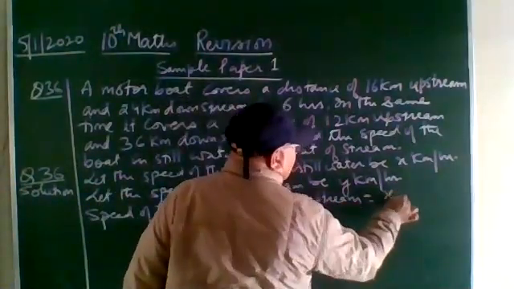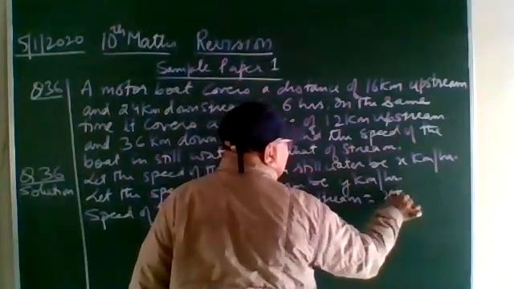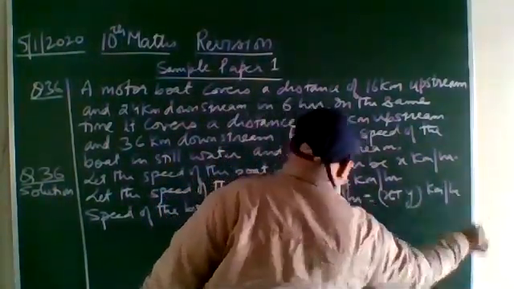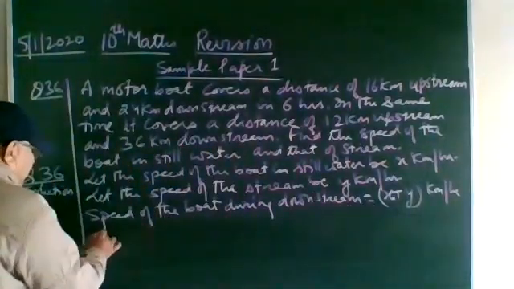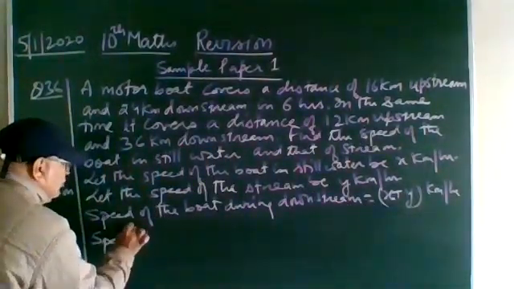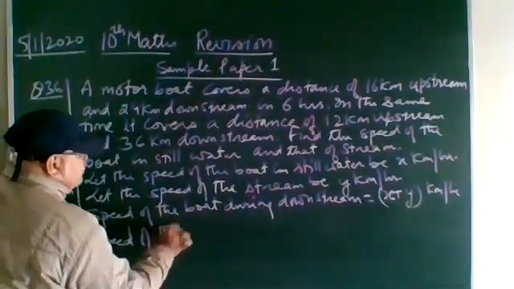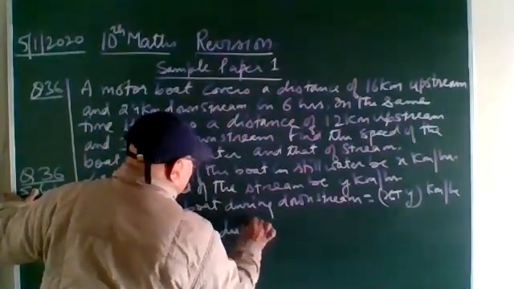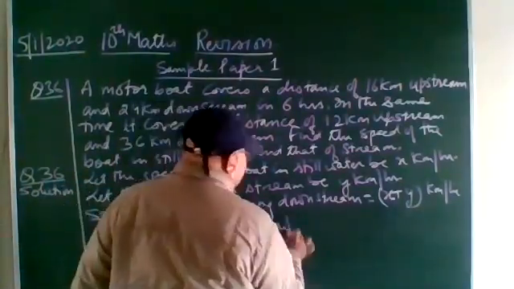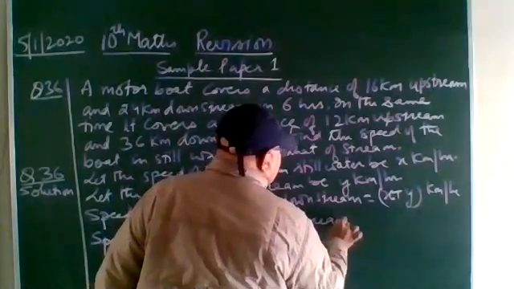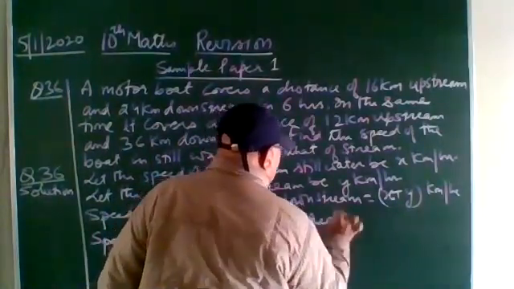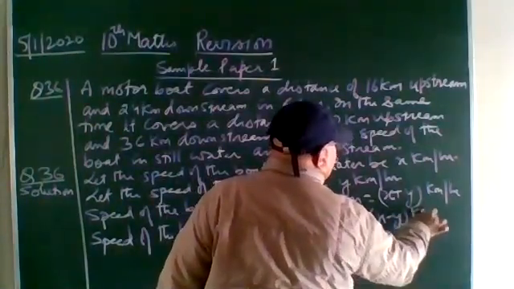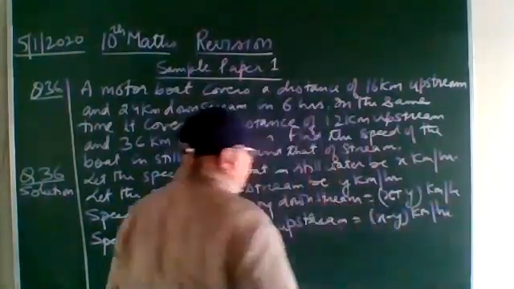That is, boat speed first, then y: x plus y kilometer per hour. Next, the speed of the boat during upstream, against the stream, that is x minus y kilometer per hour.